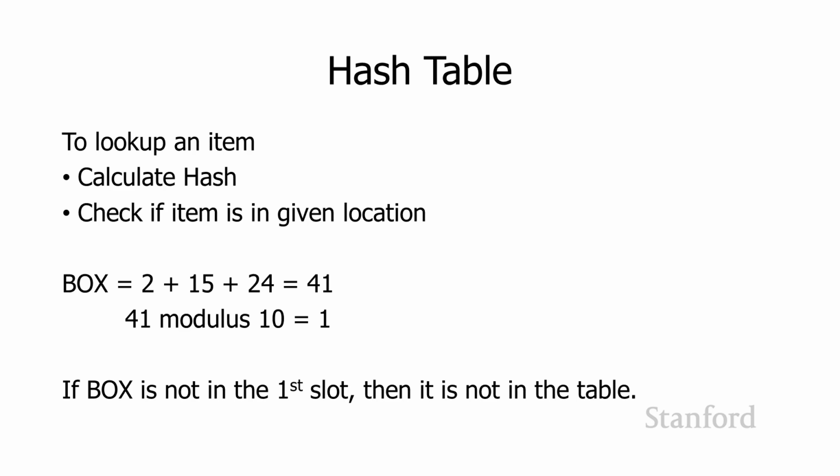I add them all up. That gives me 41. 41 minus 40 is 1. And then I check if the item is in this given location. So I say, hey, let's check item 1 in our table. Is that box? And if there's nothing there, then I know that box is not in the table.